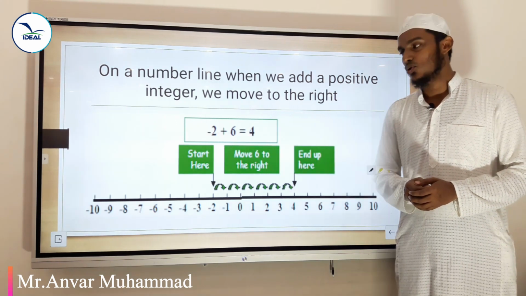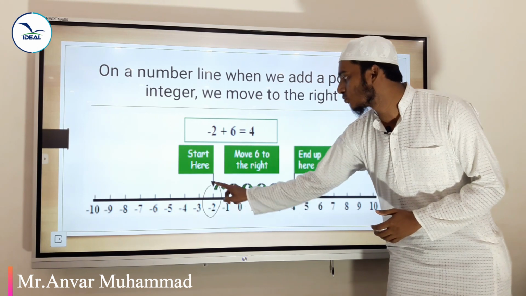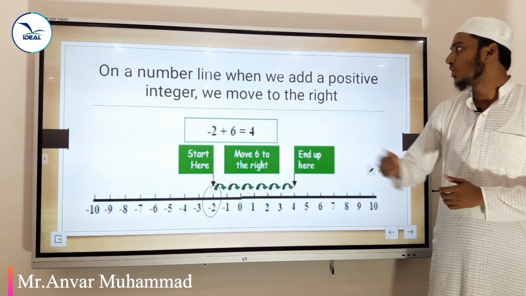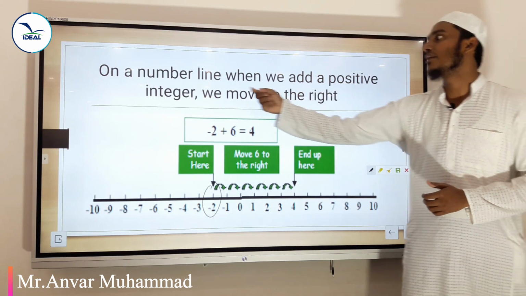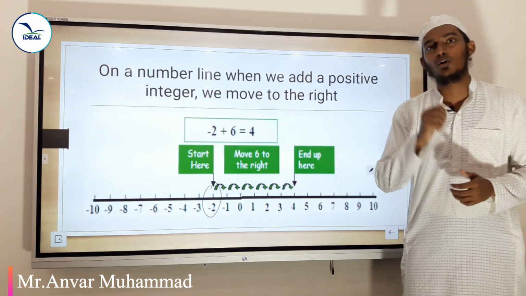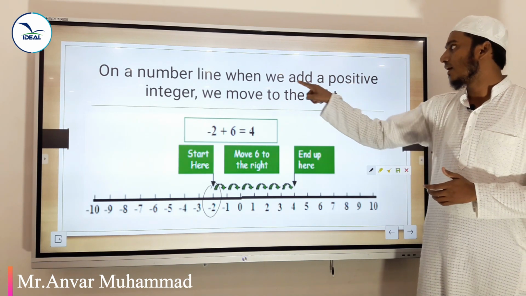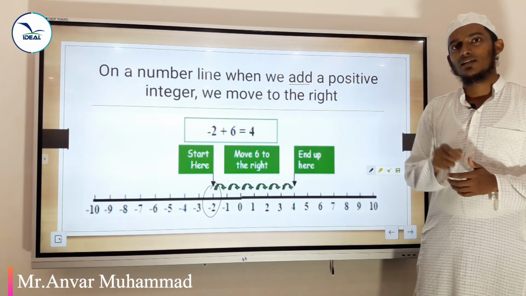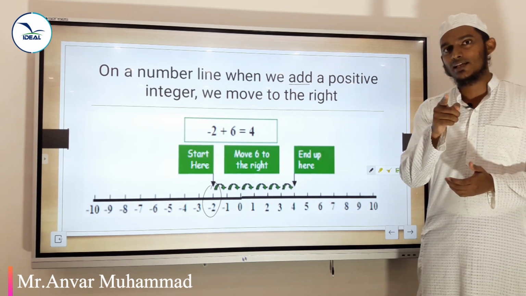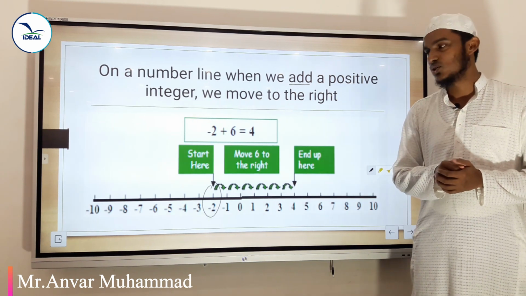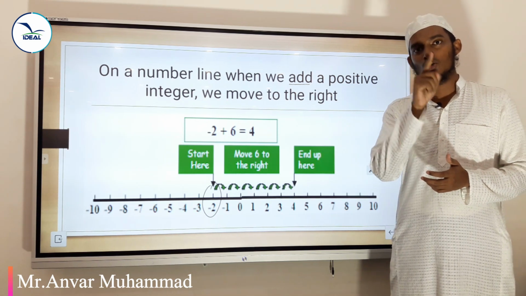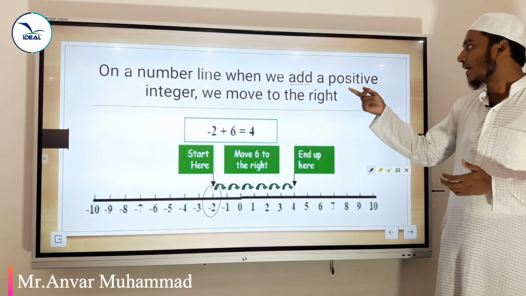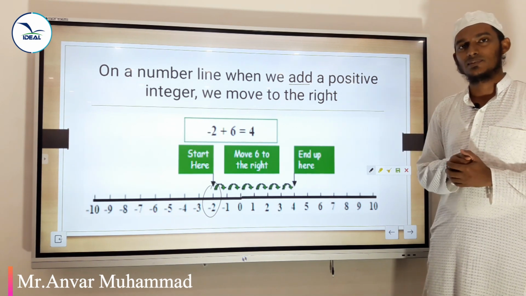You will start from -2 and then you are adding a positive integer. Two things are very important here. First, the operation is addition, and second, what you are adding is a positive integer.